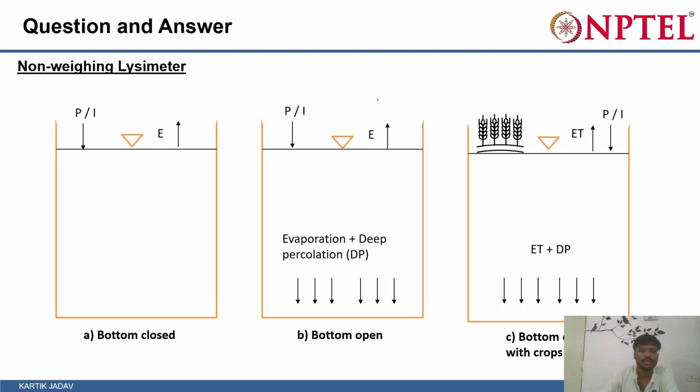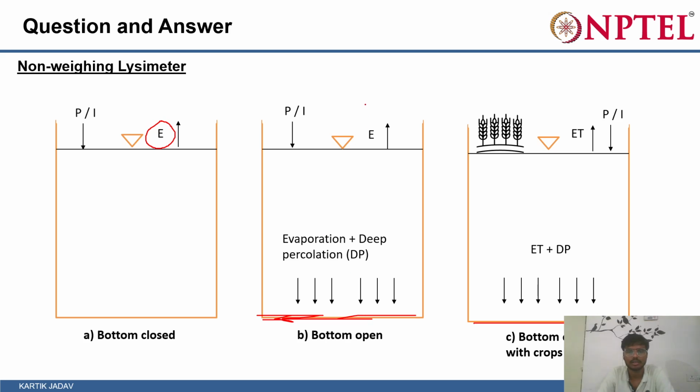And lysimeter, right? We have already discussed this. As I discussed in the earlier figure, a bottom-closed lysimeter is generally used to measure evaporation, and whenever the bottom is open, consider both are open.